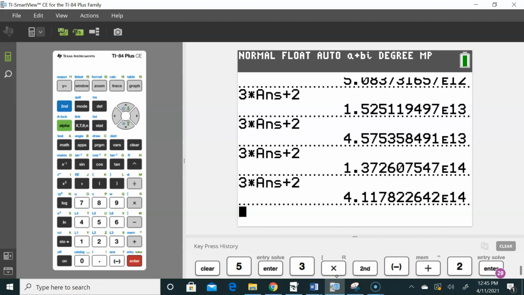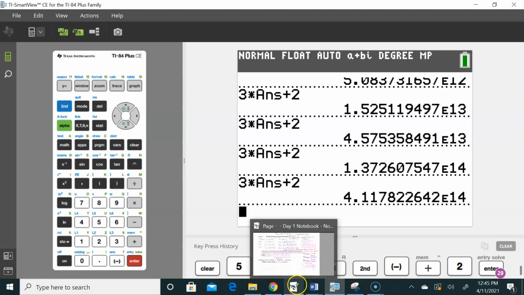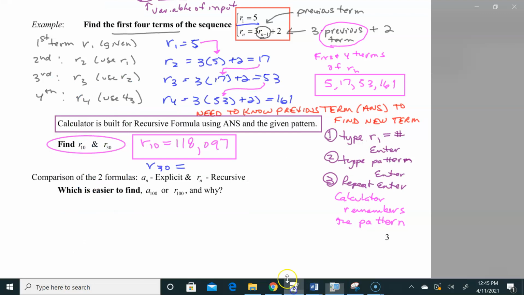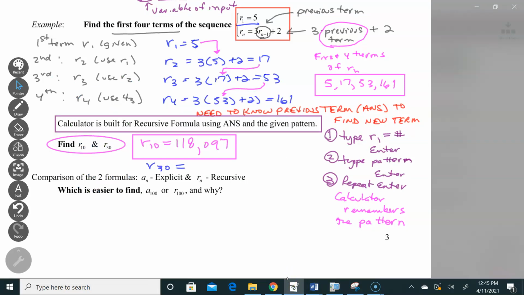So that is 30 times. I was very careful to count. So I have R sub 30 is equal to 4.118 times 10 to the 14th power. That's what it said. I'm going to circle it for me, and there we go. And that's how I find those two terms.